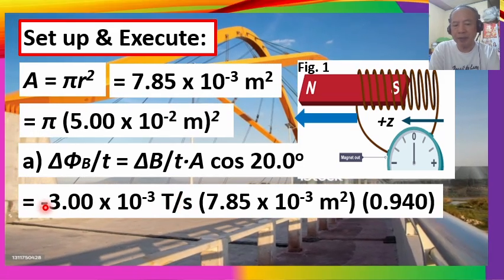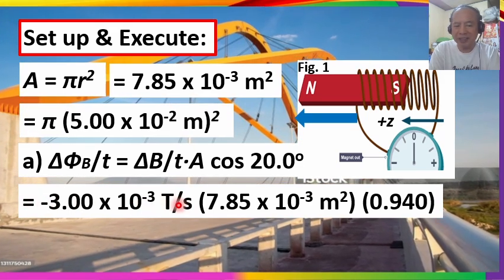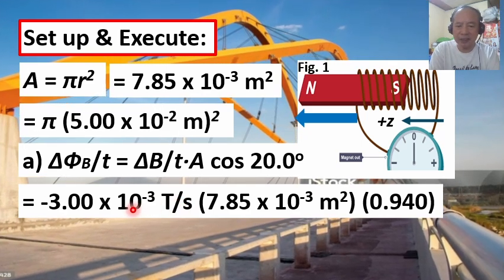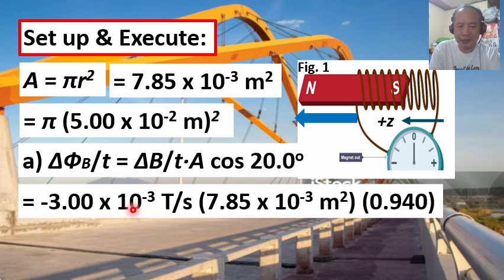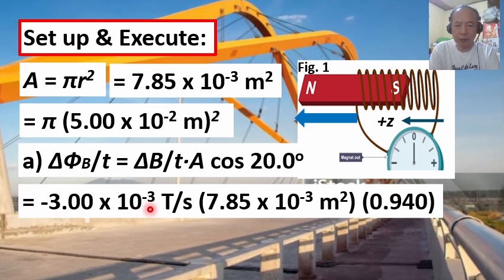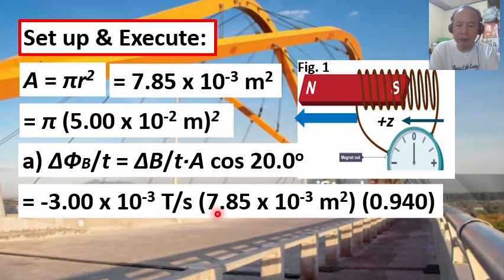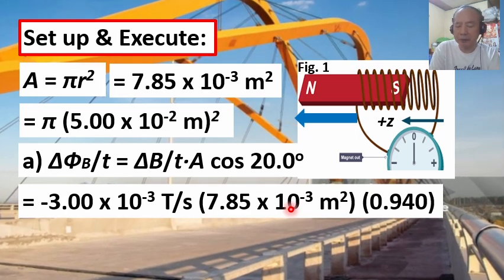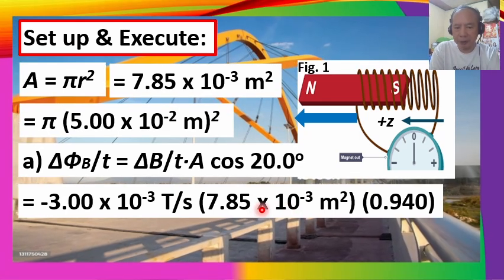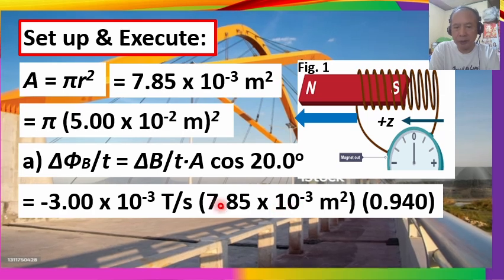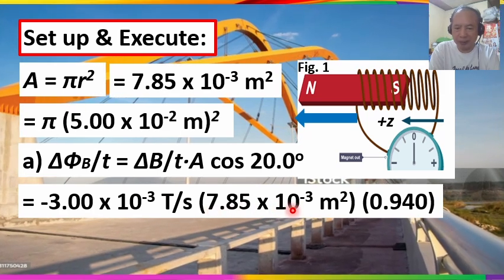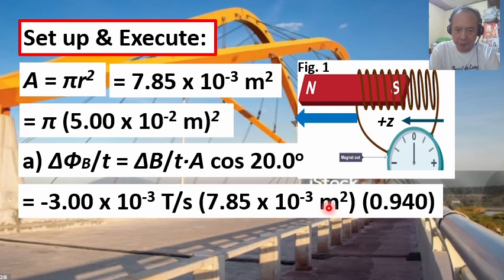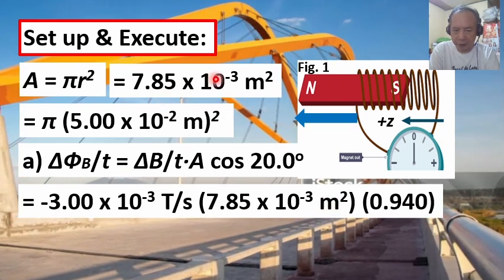The negative sign here emphasizes the fact that the magnetic field is decreasing in magnitude. And then we multiply that by the computed value for the area of the coil, 7.85 times 10 to the negative 3 meter squared, which we computed earlier here.